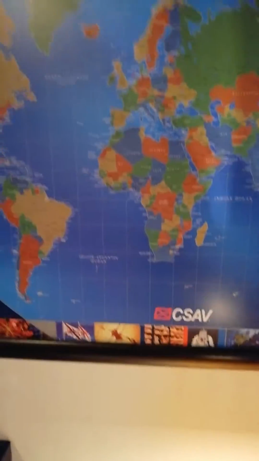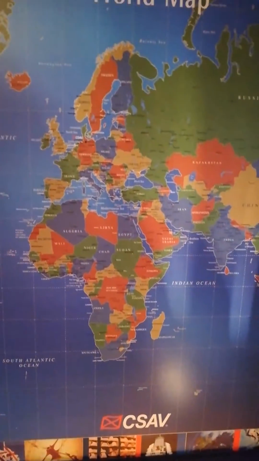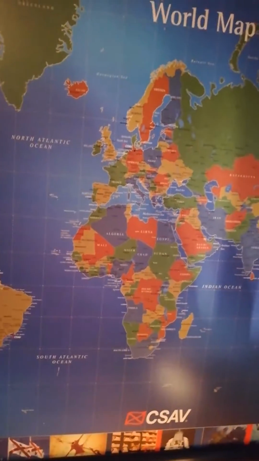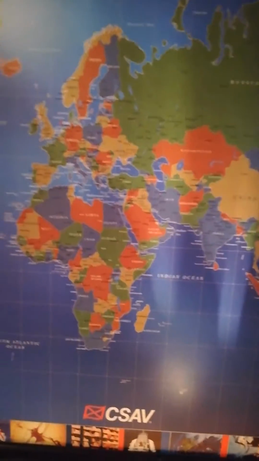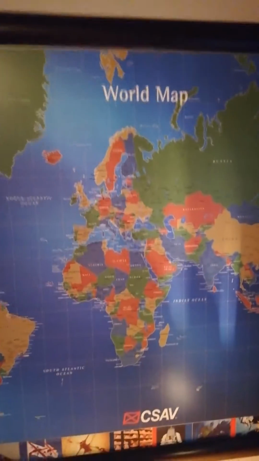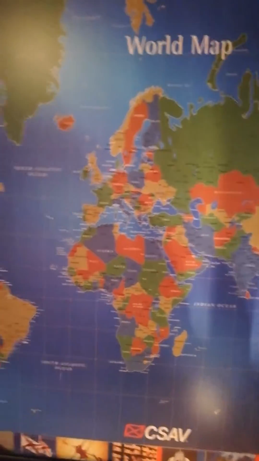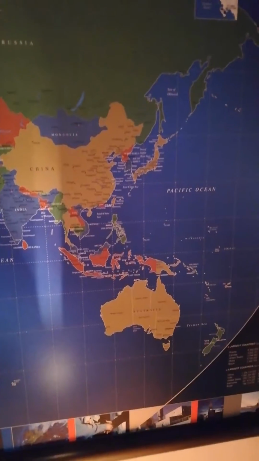It could be a word scale, telling you in a sentence that every millimeter or every centimeter on the map represents this and that kilometers in real life, or a ratio scale where it's 1 to 2 million or 1 to 10,000 or so. Then north should always be at the top. Different colors to indicate the different aspects on the map, and of course a key or a legend.